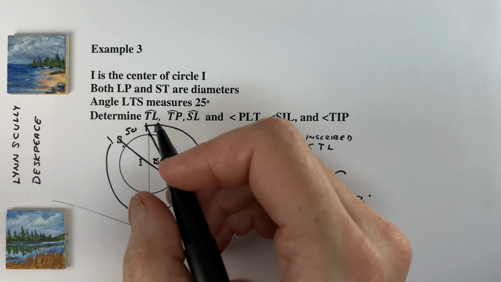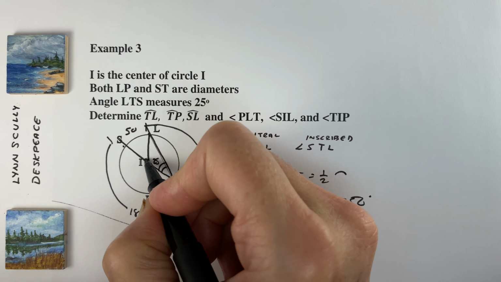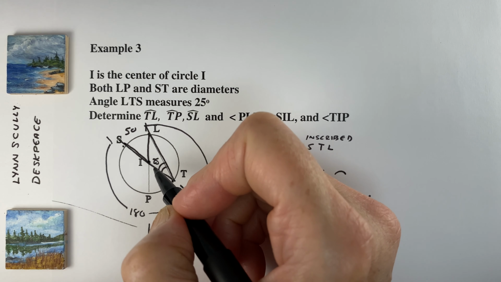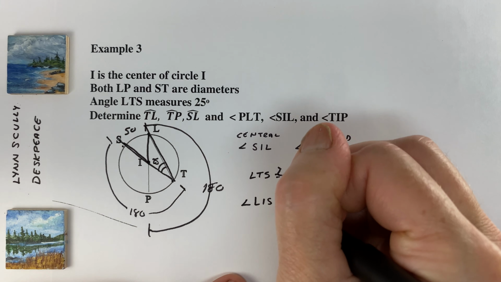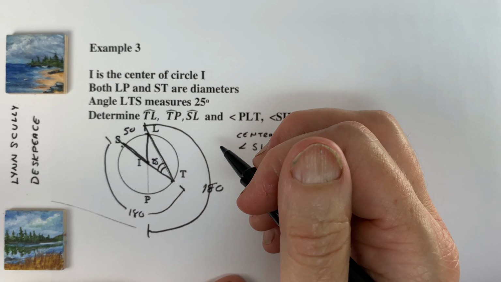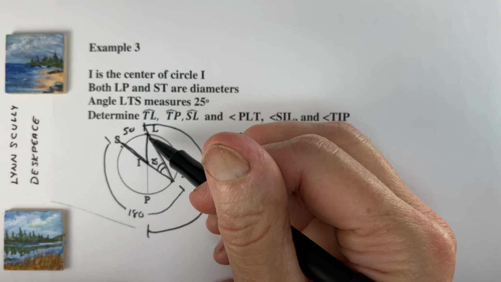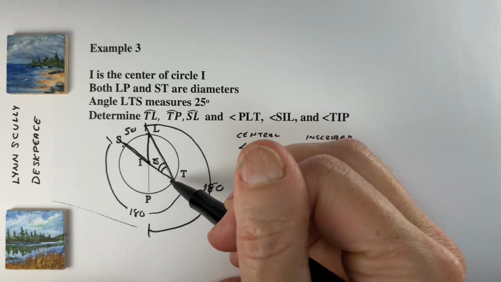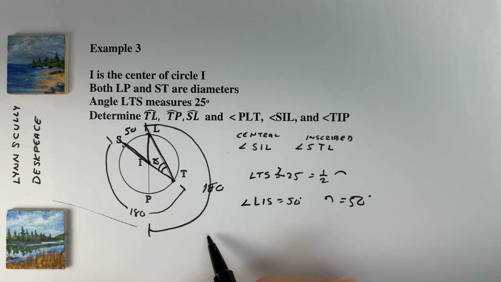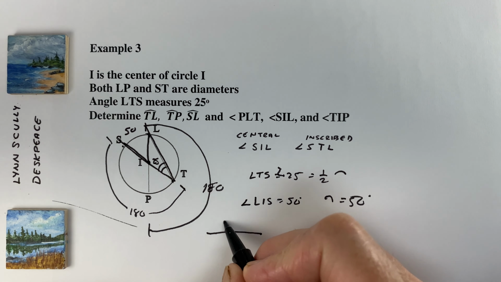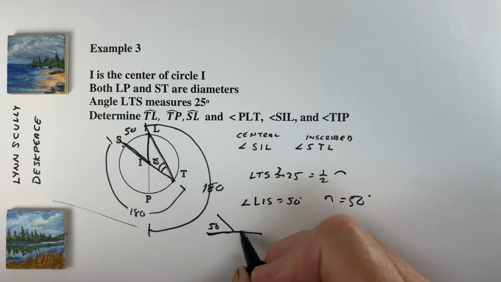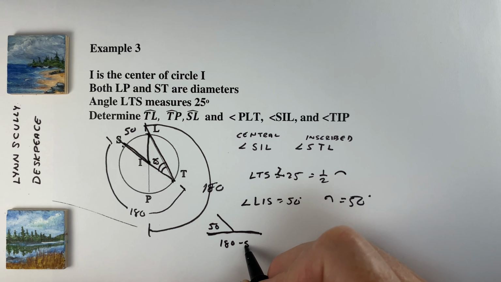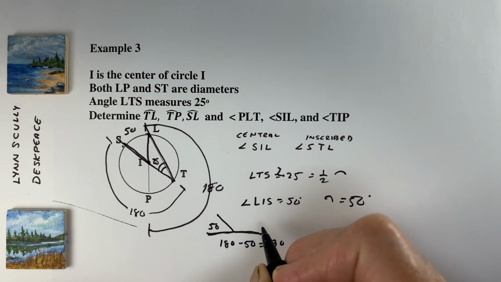Okay. Then that means LIS, which is a central angle because I is the center, so angle LIS is 50 degrees because it opens to a 50-degree arc. If I look on the other side, LIT, it says this is a diameter, which means it's a straight line. So if this part is 50 degrees, then a straight line is 180 minus 50, which is 130 degrees.